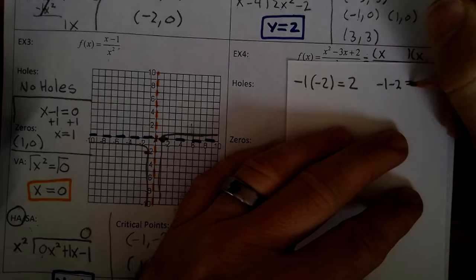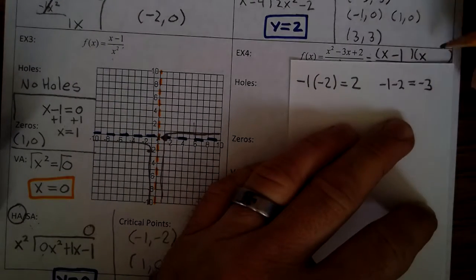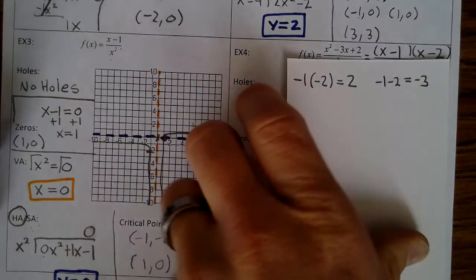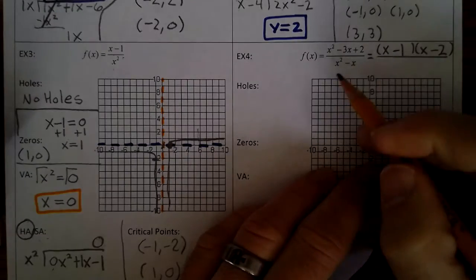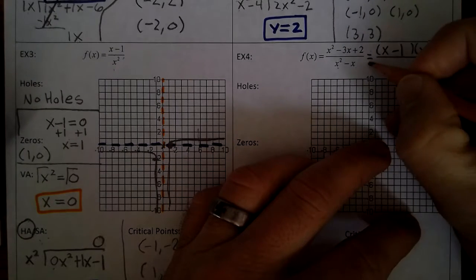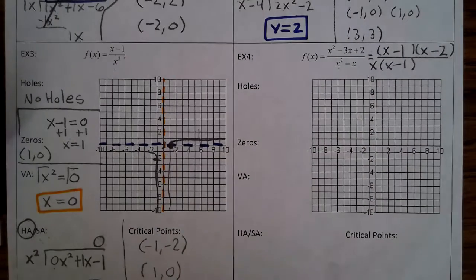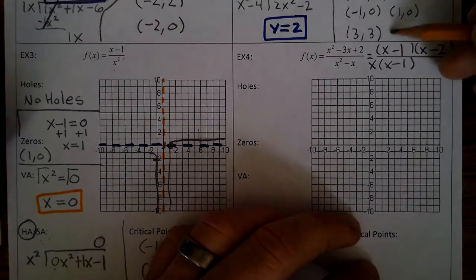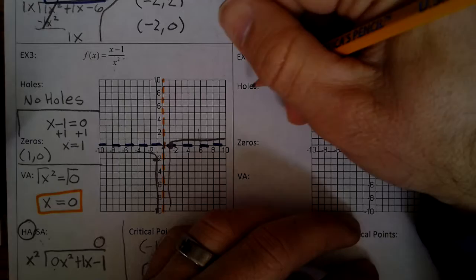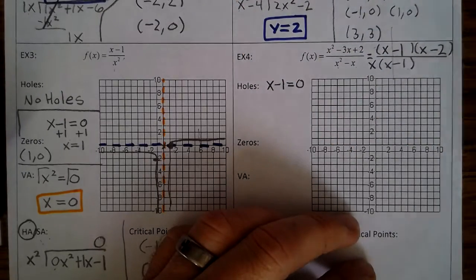Now here we can factor out an x from both sides, so that's x minus 1. Now you can see here that this divides and becomes 1, so that's where our hole is. So we said x minus 1 equal to 0. So we add 1 to both sides, x equals 1. Now, but it's a point, so we need to plug it in, excluding x minus 1: x minus 2 divided by x.